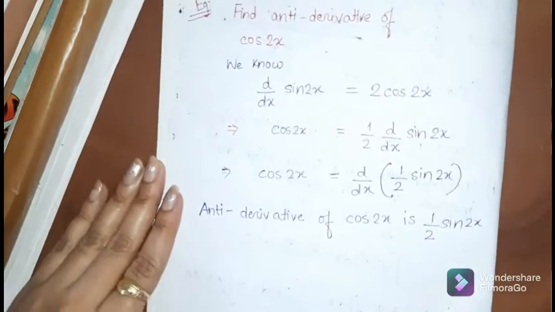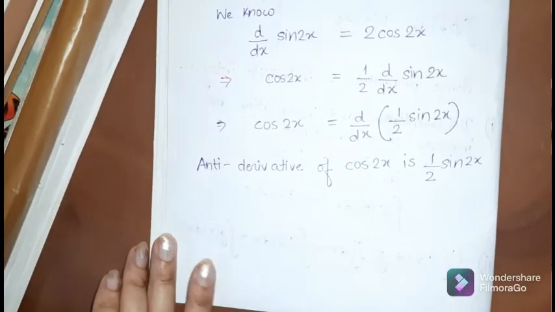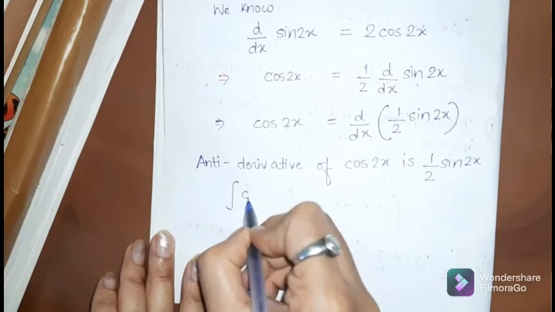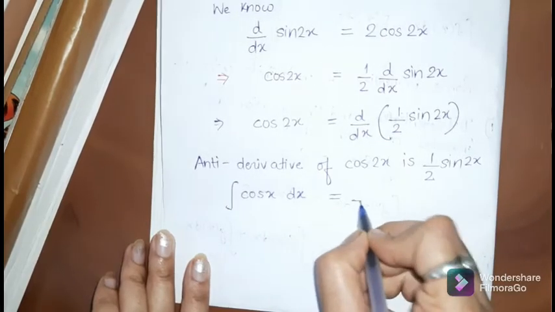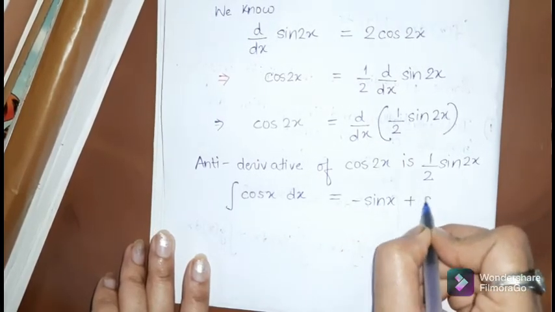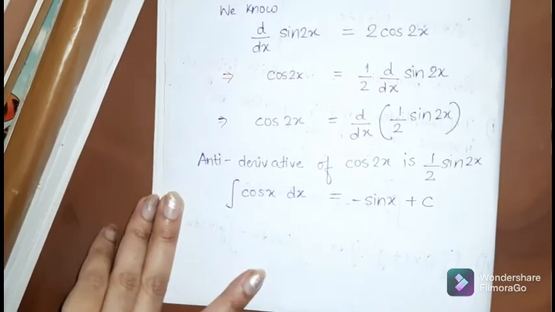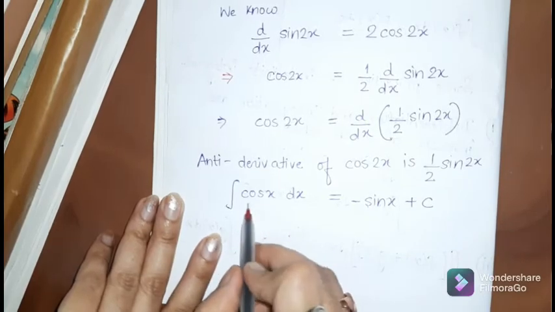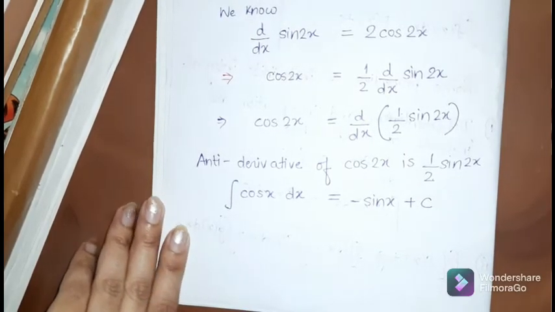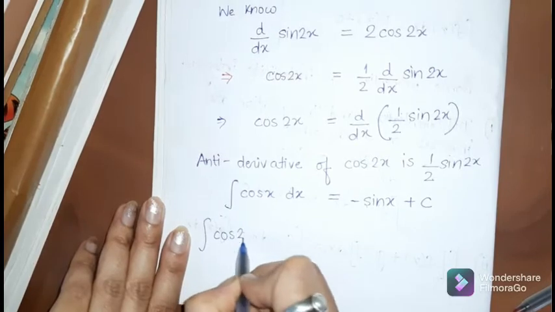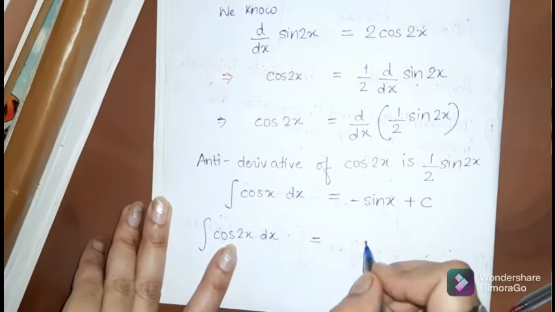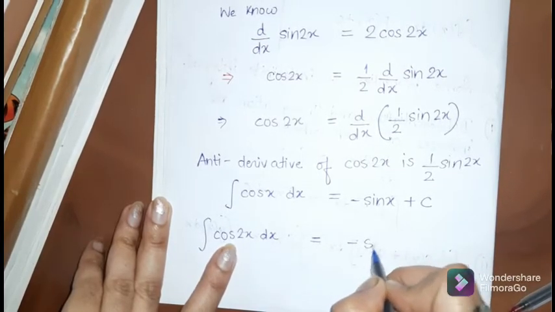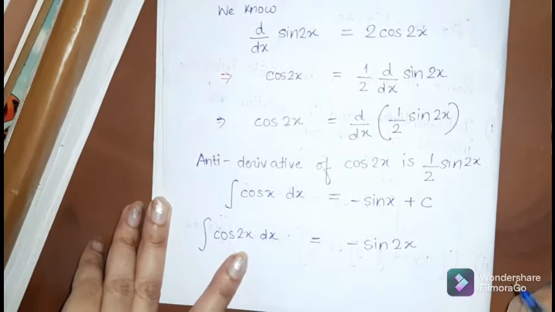This is one way. Or if you remember the formula directly, what is the integration of cos x dx? Integration of cos x dx is sin x plus c. In our question we have the integration of cos 2x dx, so you have to find its antiderivative.